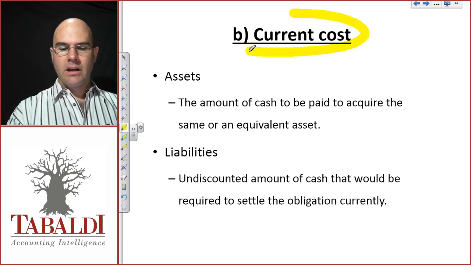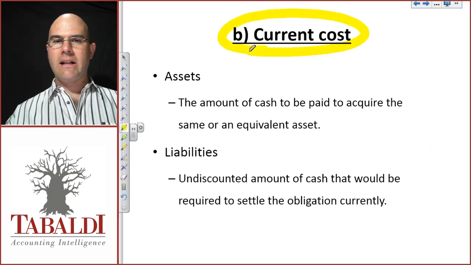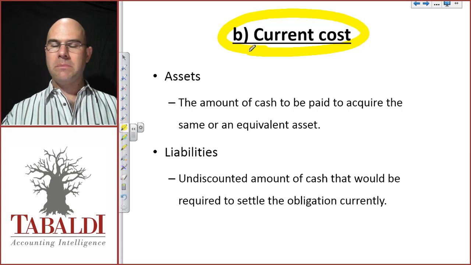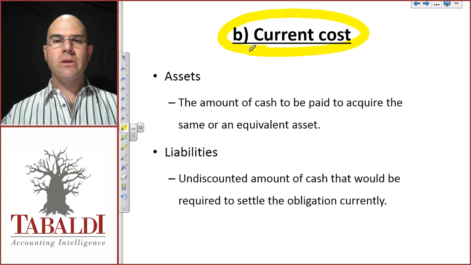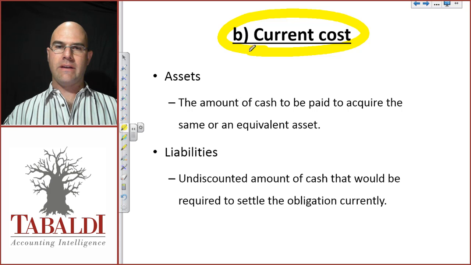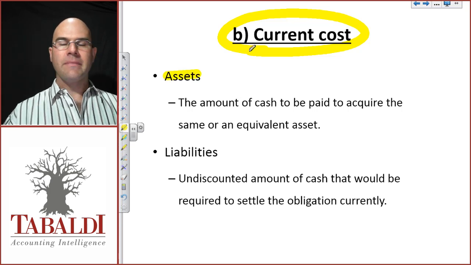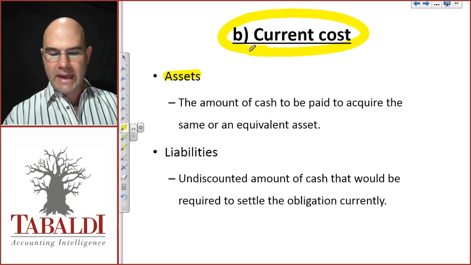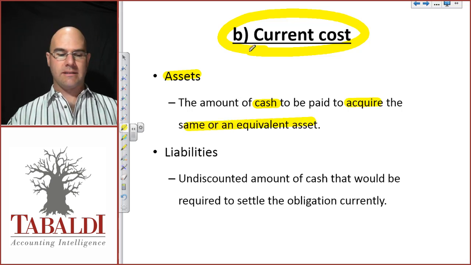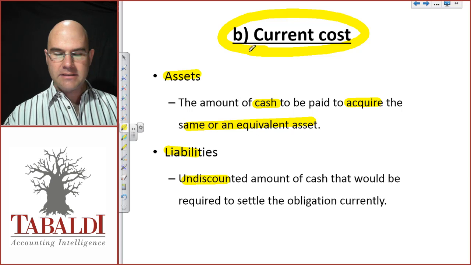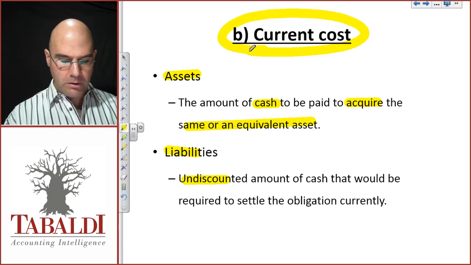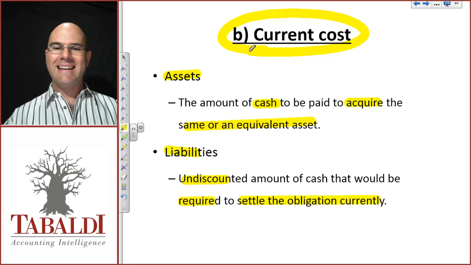Current cost, again, start thinking towards fair value. At the time this framework was drawn up, the 1989 framework, there was no IFRS 13, the standard on fair values. So assets, current cost would be the amount of cash paid to acquire the same or an equivalent asset. Liabilities, undiscounted amount of cash that would be required to settle the obligation currently.